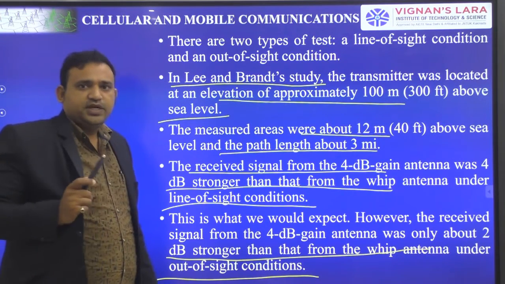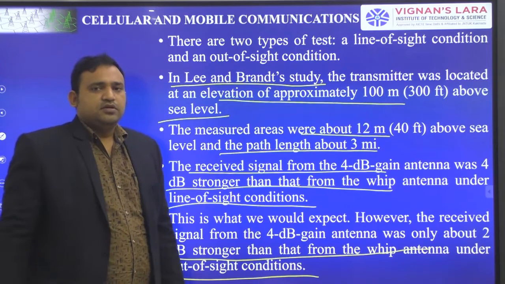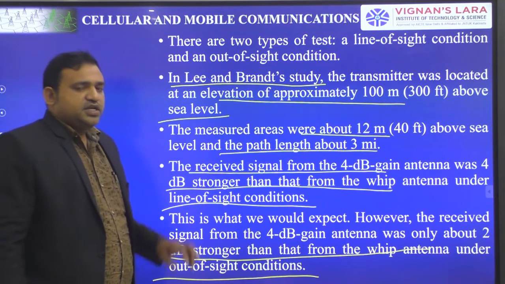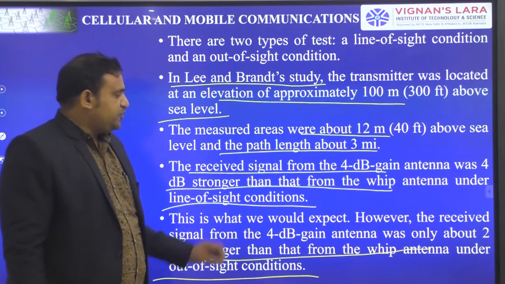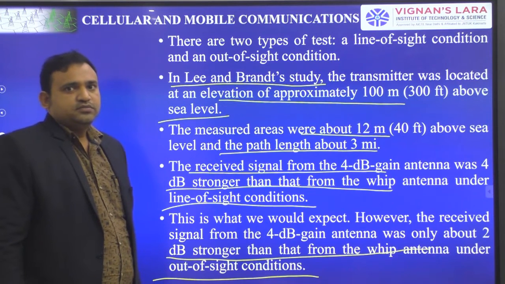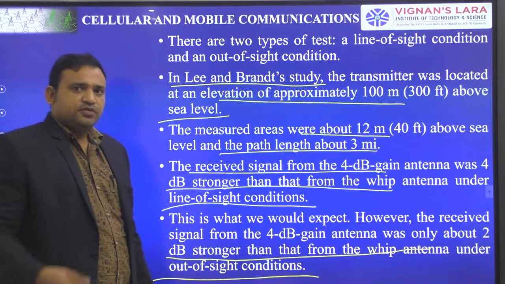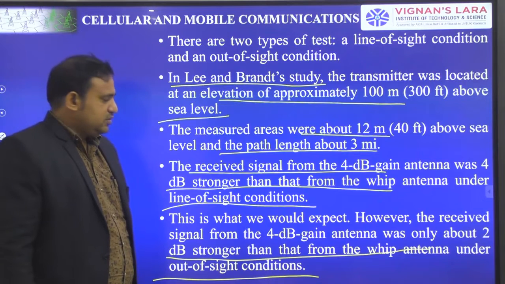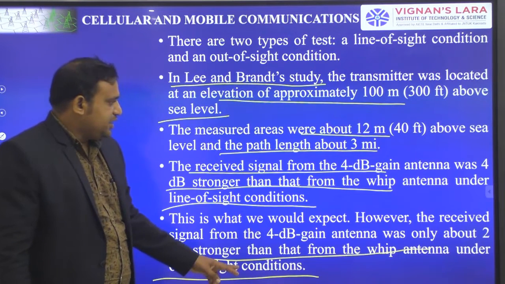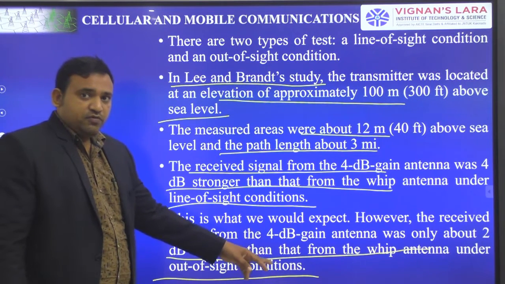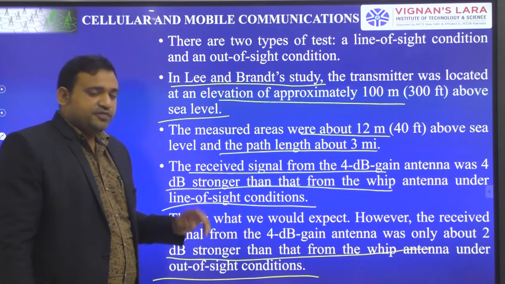So if the transmitter is of 4 dB gain, in a line of sight condition it is 4 dB stronger than the whip antenna. Next, if the transmitter is of 4 dB gain, it is 2 dB stronger than the whip antenna in out of sight conditions.